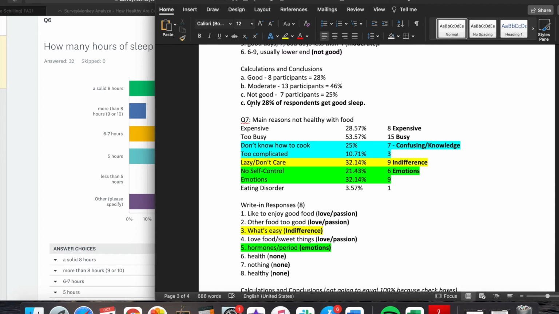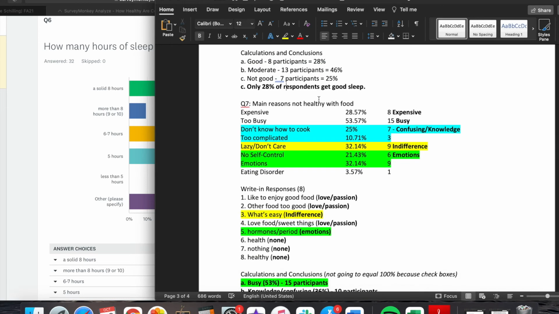And then basically this was the most important thing: only 28%. I could have said most participants get moderate sleep, but I want to emphasize that they are not getting good sleep, right? So this really fits with me. Only 28%, it's not sufficient to get good sleep. So that's what I'm pointing out.